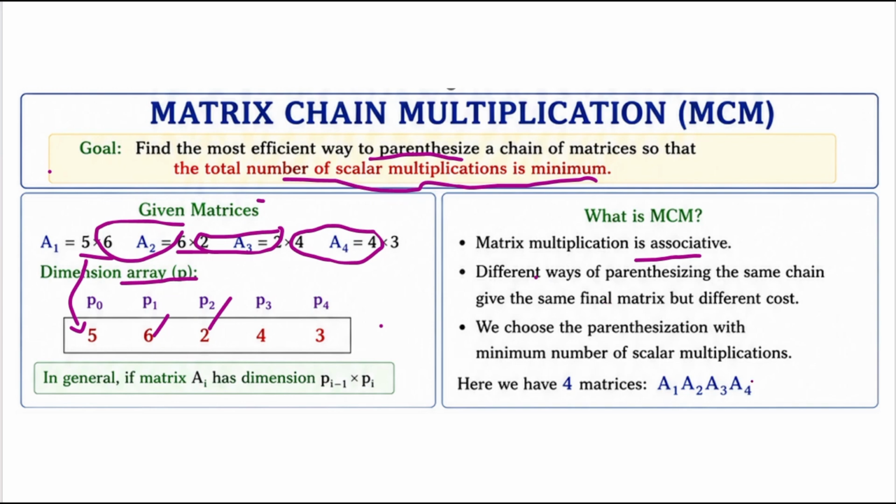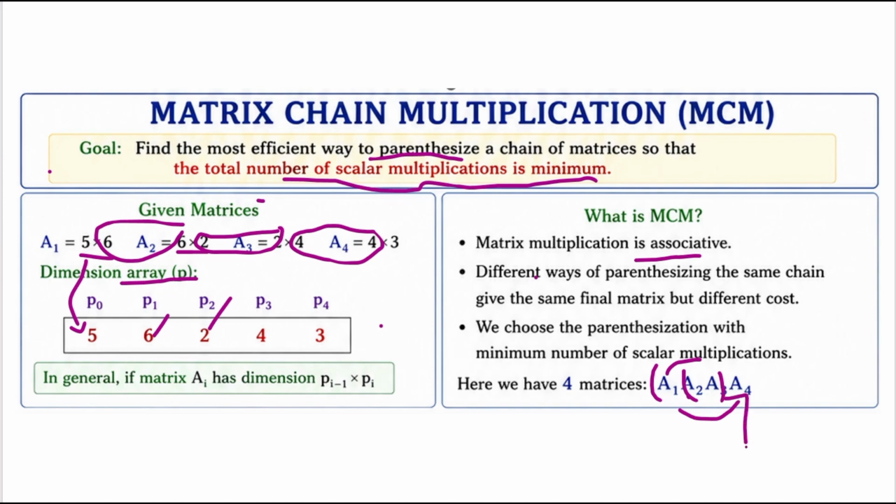Here we have four matrices, so many possibilities are there to perform the multiplication among these matrices. First we calculate the value of A1, A2, then A3, A4, then multiply these two values. This is one possibility. Otherwise, you first find these two values, multiply with this value, and multiply this answer with this value.